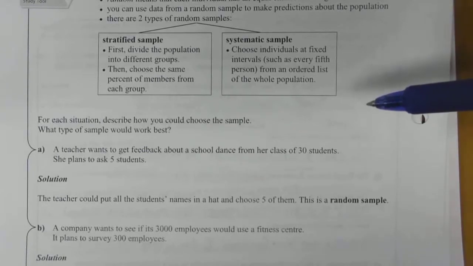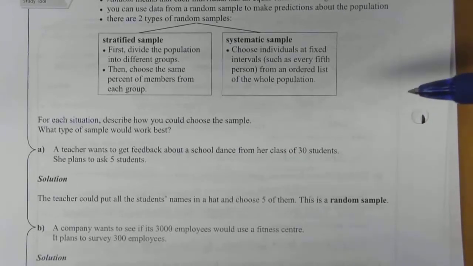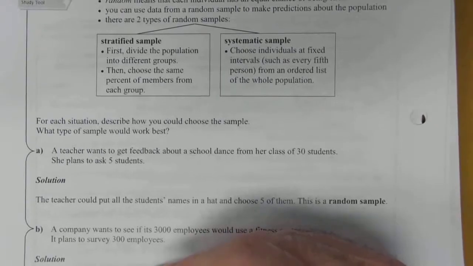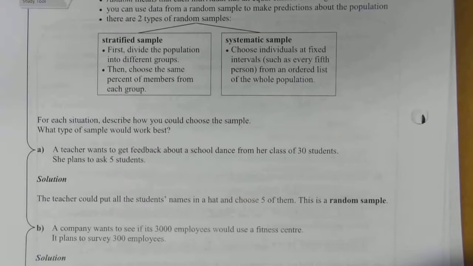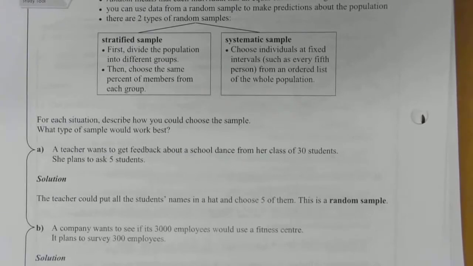Let's have another situation here. A company wants to see if its 3,000 employees would use a fitness center. It plans to survey 300 employees. So the company plans to survey 300 out of 3,000 employees. It could survey every 10th person on a list of employees. 300 is 10% of 3,000.